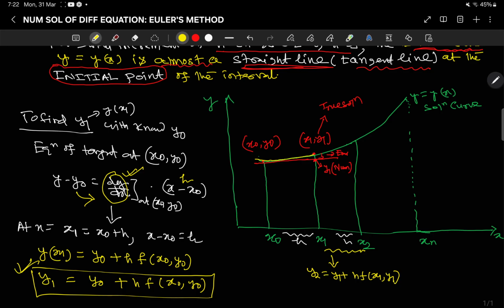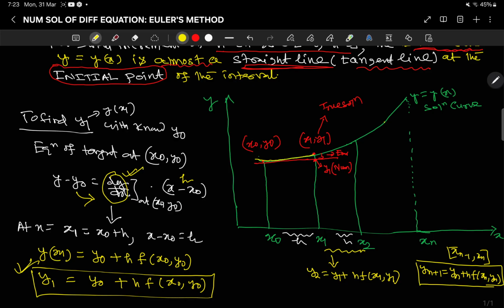And if you continue in the interval xn minus 1 to xn, what will we get? y(n+1) will be yn plus h f(xn, yn). So this is how Euler's formula is derived.